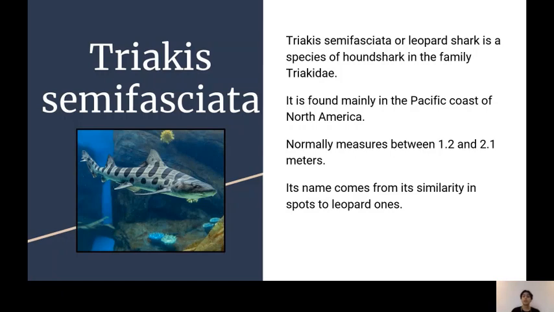This shark is mainly found on the Pacific coast of North America. It normally measures between 1.2 and 2.1 meters. And its name comes from the similarity of its spots to leopards. As you can see in the image, it has spots similar to leopard ones.